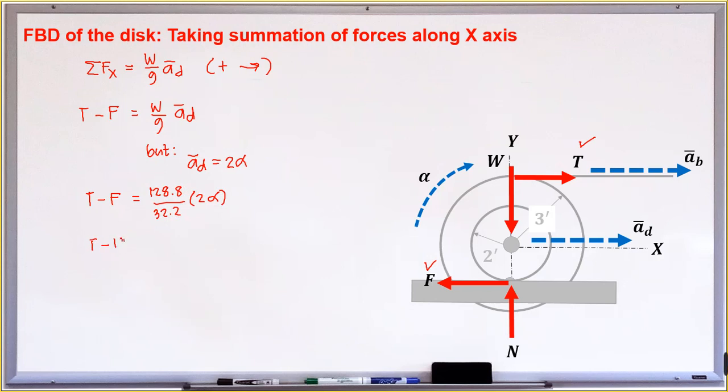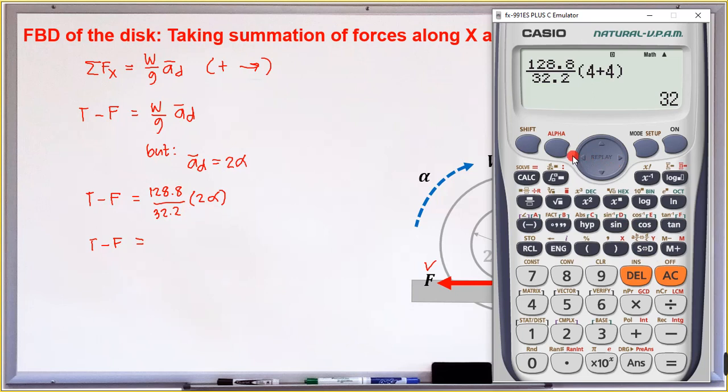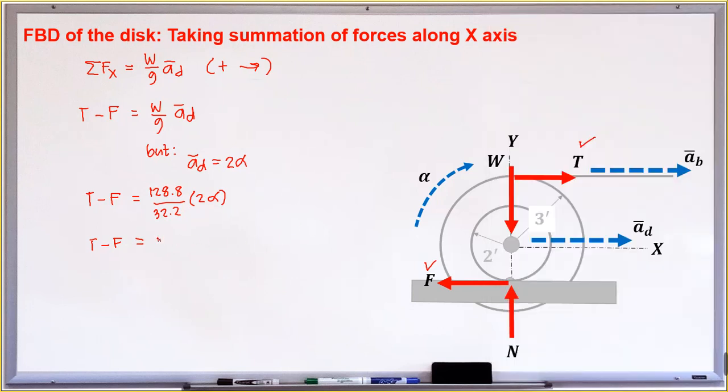Simplifying further by our calculator, it becomes 2, so 8 times alpha. This is our third equation. Now, we combine our generated equations so that we can solve for the frictional force as well as the value of the linear accelerations.